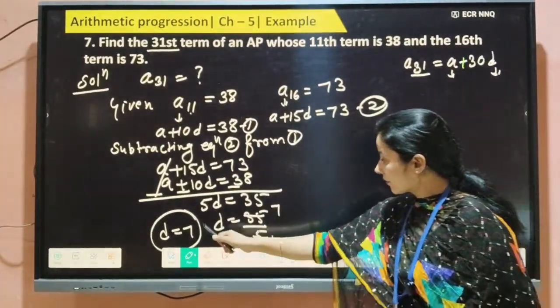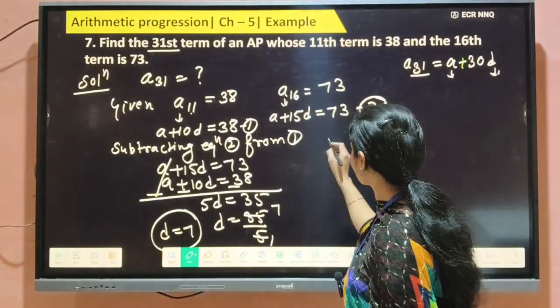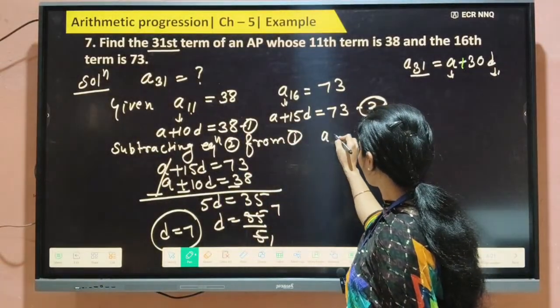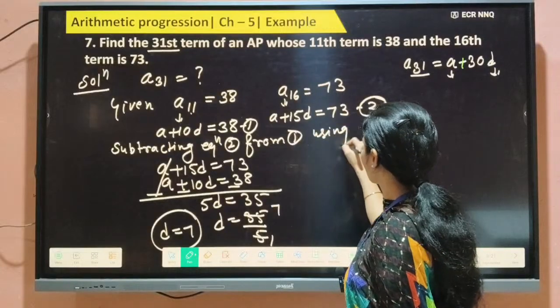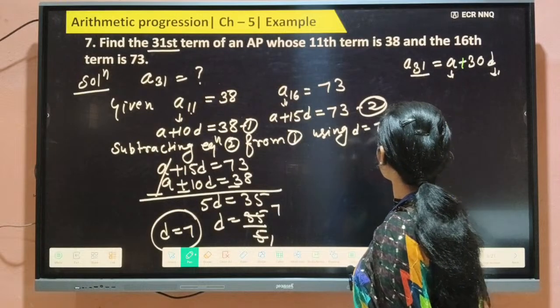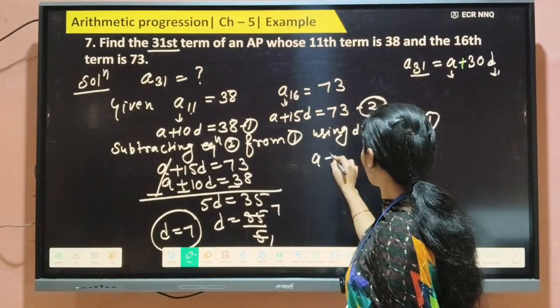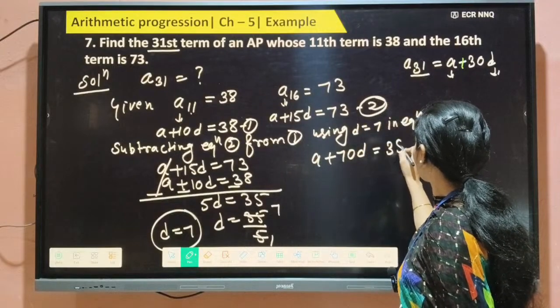Our D is 7. Now using D equals 7 in any equation, like in equation number 1, A plus 10D equals 38.